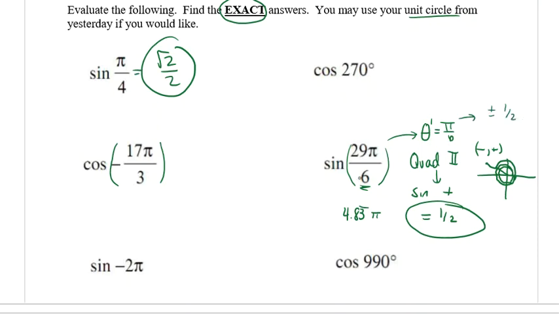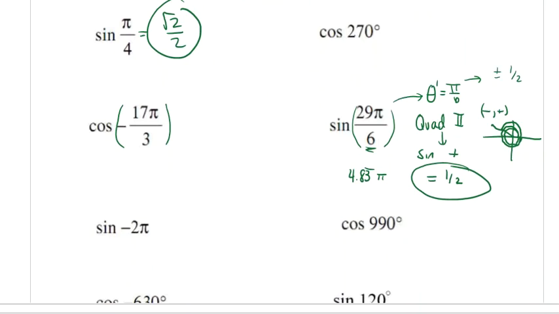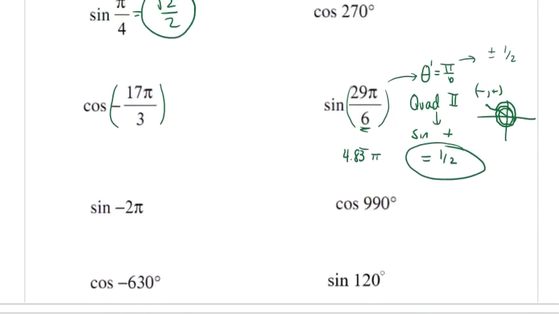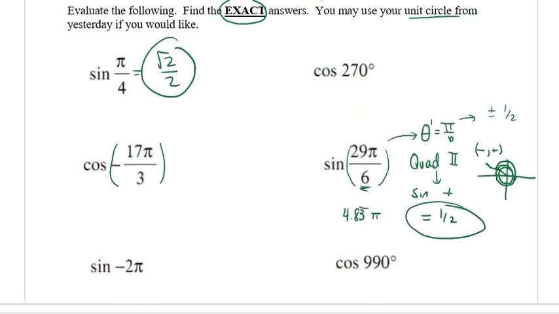I determined based on coterminal angles and spinning around that I must be in quadrant 2. In quadrant 2 sine is positive because it's a positive y value, so it must be positive 1/2. Go ahead and try the other 6 that are on there, okay? And you can drop into Zoom to ask any questions you have. Thank you. Have a good day.